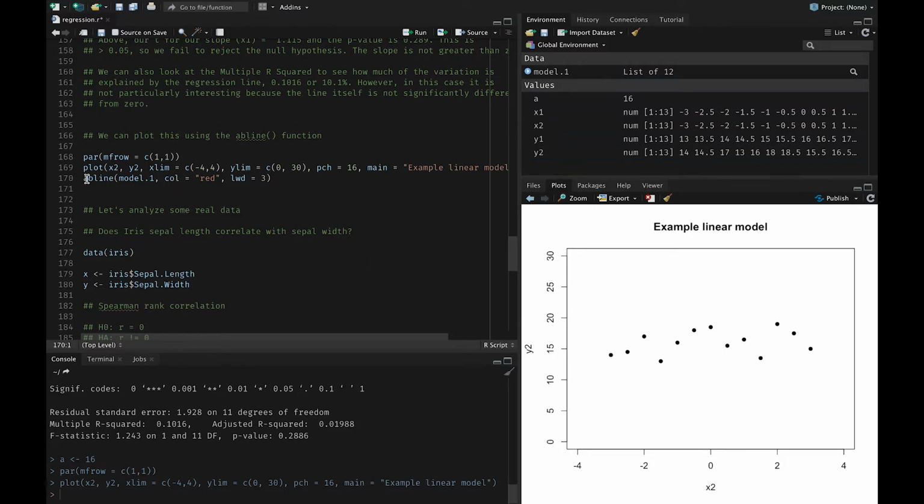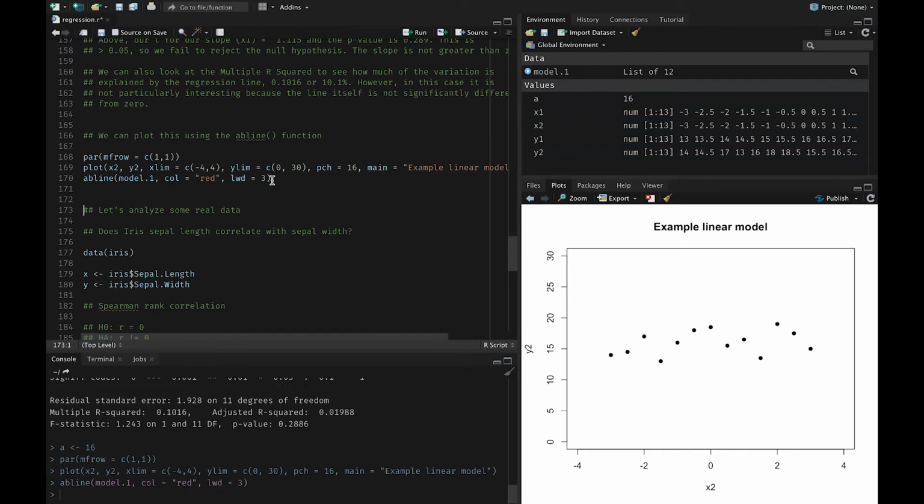But we can use this function called abline. In abline, you have a, which is your intercept, and you have b, which is your slope. So abline, and then we add in our model. Our linear model, we named it model.1. Let's give it a color, let's make it red, and then let's make it a little bit thicker. lwd is the thickness of the line. I set 3, you can set it whatever you want.